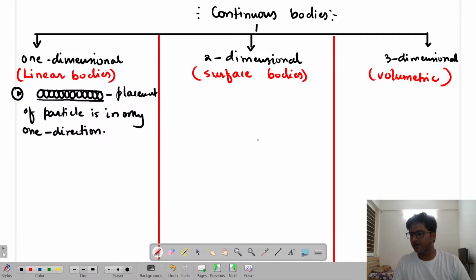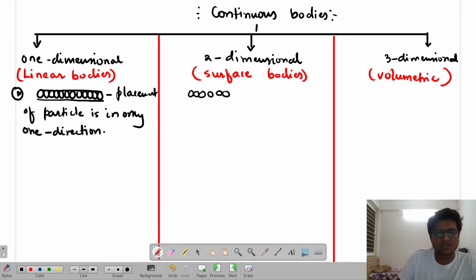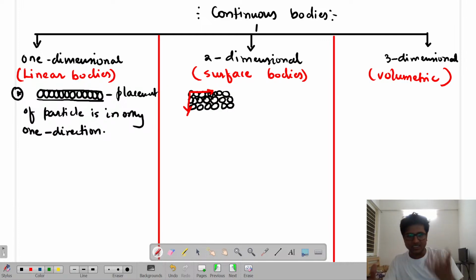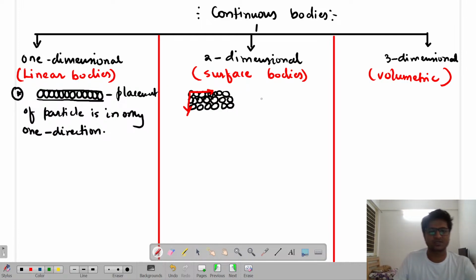Similarly, if I consider two-dimensional bodies, you will see that the particles are arranged first along the direction of length, and second, they are also arranged along the direction of breadth at the same instant of time. Means I can arrange the particles in two different directions at the same instant. The body we get out of it is called a surface kind of body.